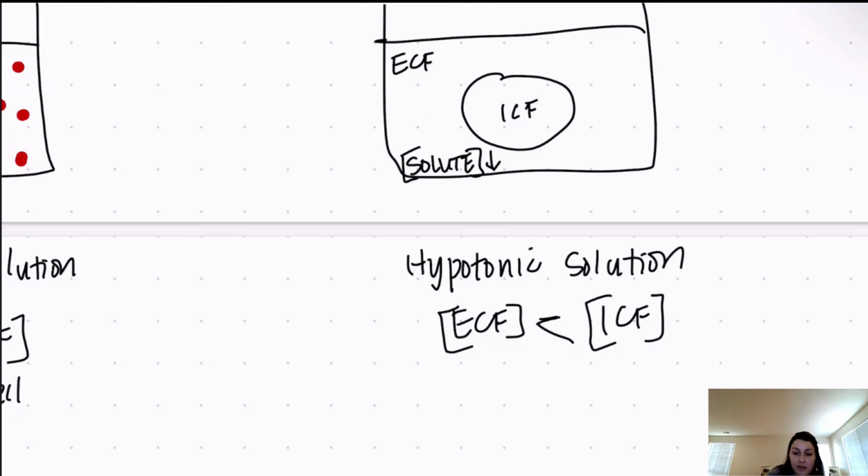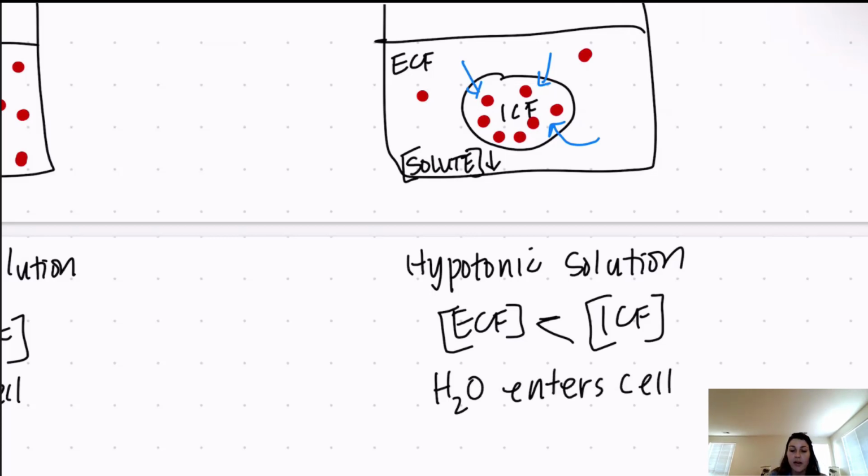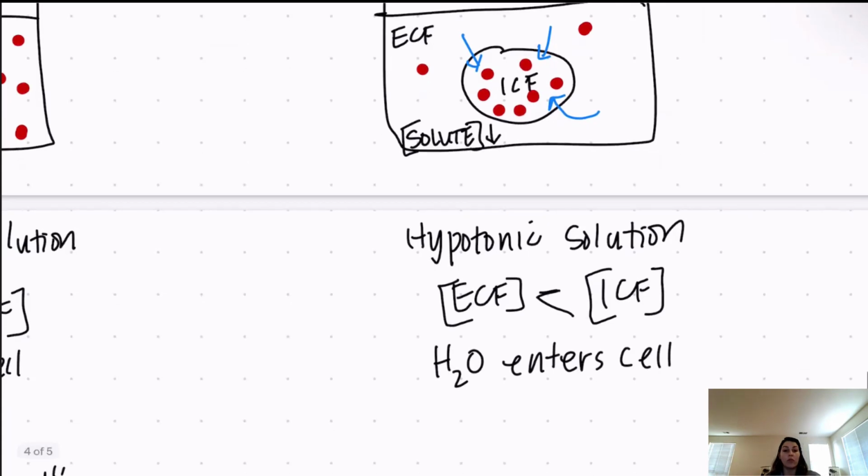So let me draw. That means maybe we have two solutes outside and a bunch inside. And remember, water is going to follow those solutes, so water is going to go into the cell. Water goes into the cell, so H2O enters the cell. And when water enters the cell, it can get really full of water.